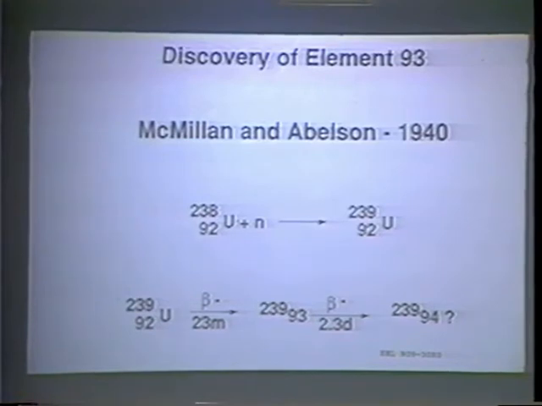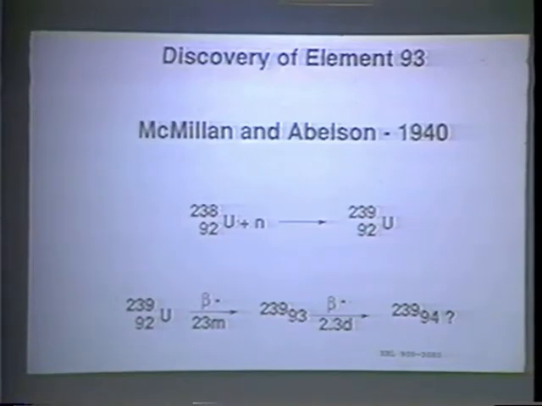Then in 1940, McMillan and Abelson here at Berkeley, where we had a much more intense source of neutrons using the 60-inch cyclotron, bombarded uranium with neutrons, and they found the first real transuranium element with the atomic number 93, uranium-238 capturing a neutron to give uranium-239 and emitting an electron to give the 93-239.